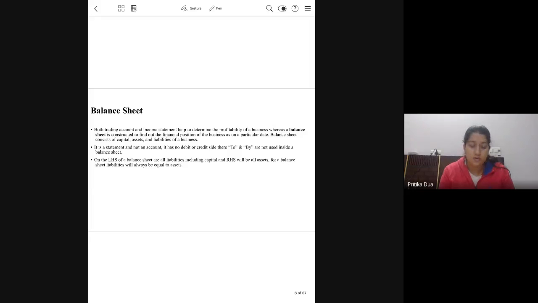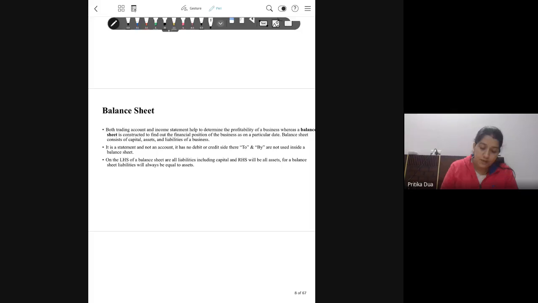Balance sheet will tell you these three main values. What is the capital in the business, that is amount or assets brought in by the owner. Then assets are things of value owned by the business. Liabilities, the amount which the business owes to the outsiders.